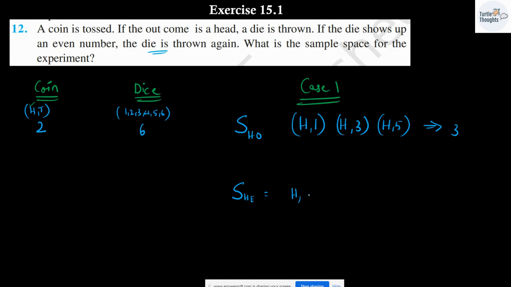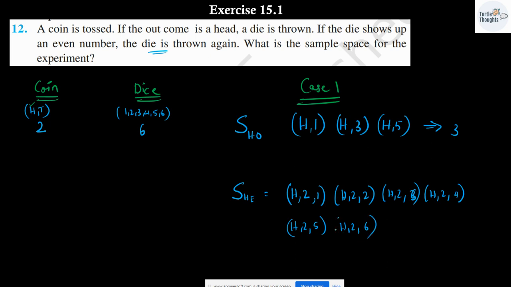So H with 2, because the first even number is going to be 2. Then again, if it is rolled, you can get a 1, then H with 2 and 1. Similarly, H with 2 and 2, H with 2 and 3, H with 2 and 4, H with 2 and 5, H with 2 and 6.